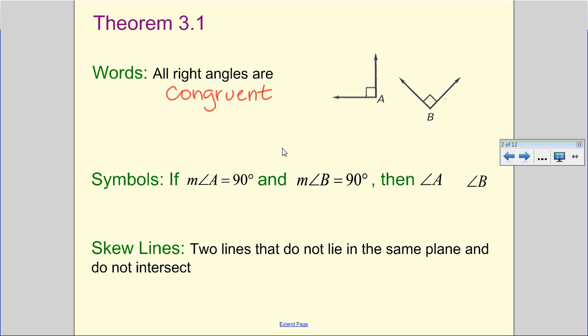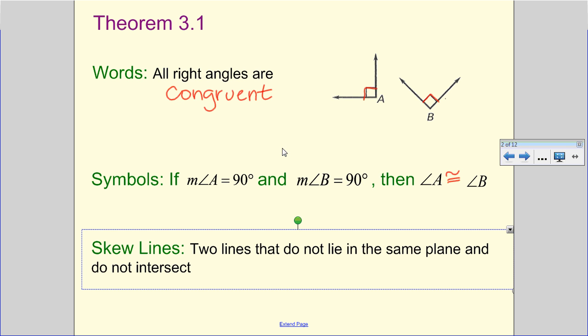That's going to be part of the logic that we explain, is that we know all right angles are congruent. So symbolically, if the measure of angle A is 90 degrees, and the measure of angle B is 90 degrees, then angle A is congruent to angle B.